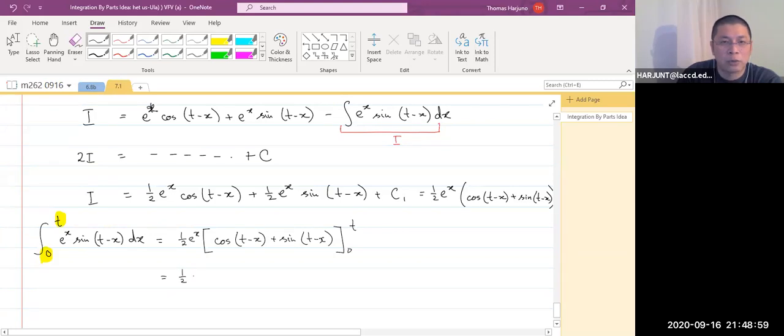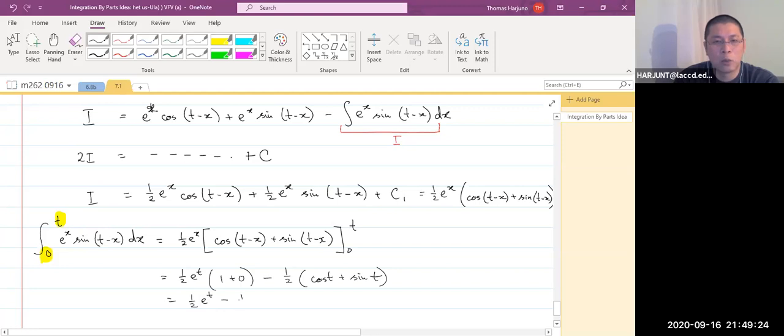When x equals t, this will be 1 plus 0, minus the value when x equals 0. So that's 1/2 e to the t minus 1/2 cosine t minus 1/2 sine t.